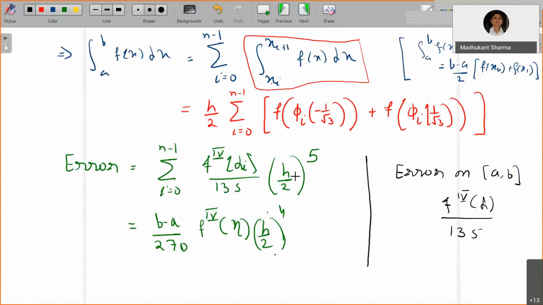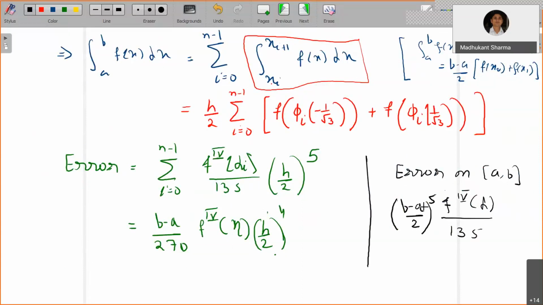Now you are talking about the interval xi to xi plus 1, where d lies between. Here I have forgotten to include b minus a by 2 to the power 5, as I recall. Okay, this is fine.